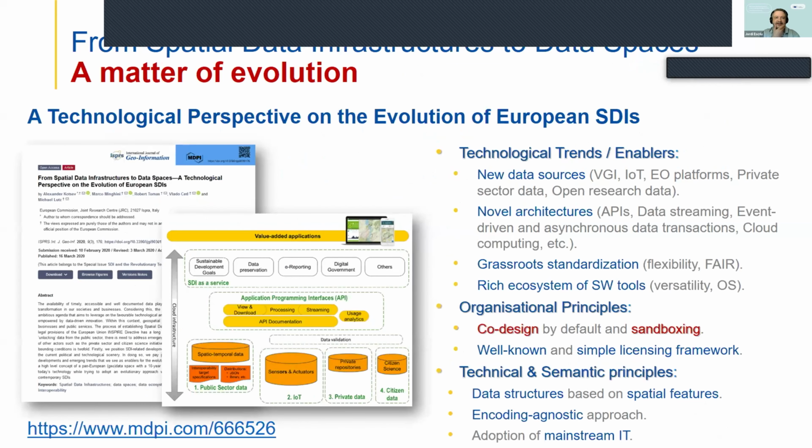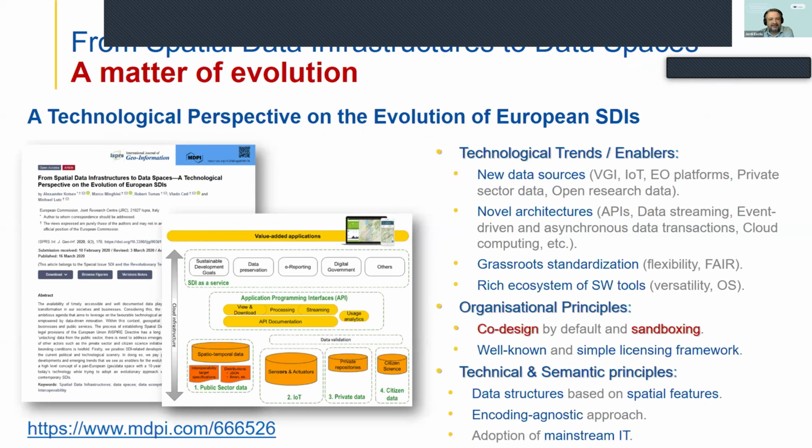So, first of all, I would like to say that the move to data spaces is a matter of evolution. So we can see this as a technical evolution, as this article that the Joint Research Center provided some time ago also highlighted.